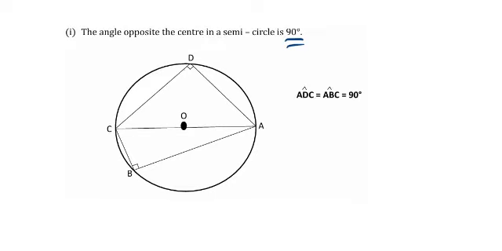We are just talking about this angle which is facing the center there, and also this angle which is facing the center. So angle D and angle B, they are making what? A 90, for the fact that they are opposite to the center. So angle B is opposite to the center, and also angle D is opposite to the center, for the fact that line C and line CA or AC, it is what?